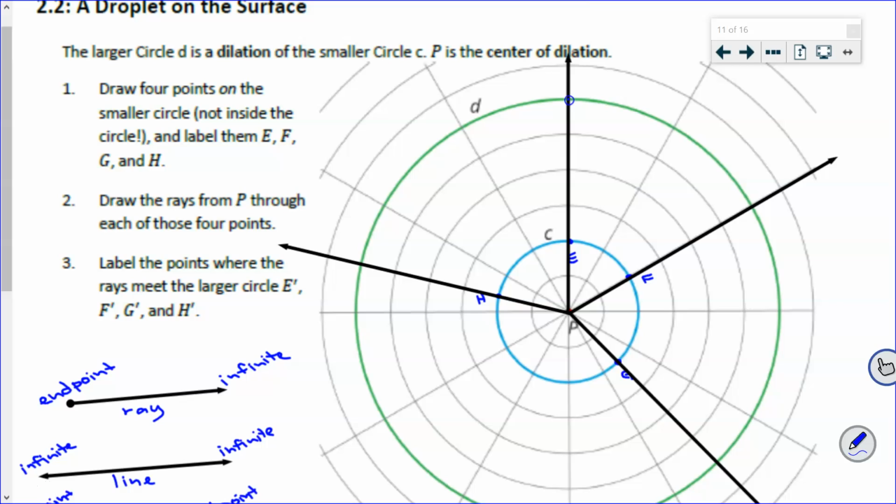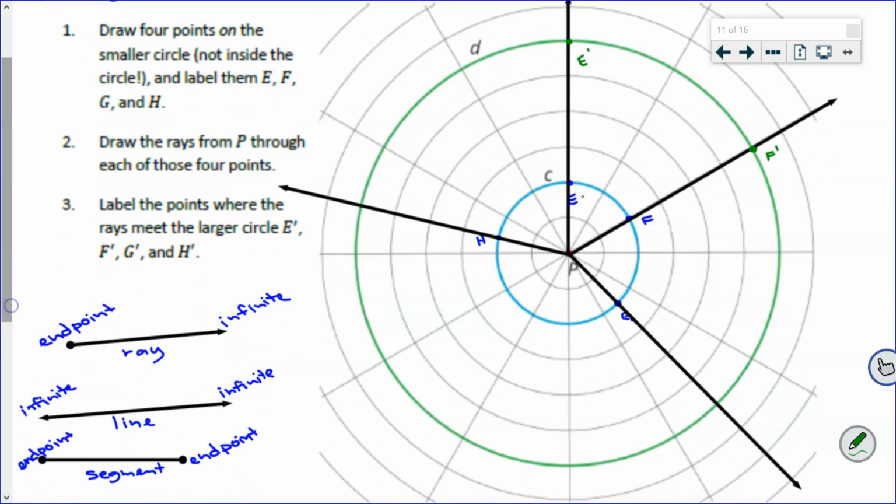That means where that ray and circle D intersect, that's going to be labeled E prime. Continue on for each of your points. Here's my F. The ray continues on until it gets to D, so that's going to be F prime. G continues on. This point here is going to be G prime, and continuing on, H prime.